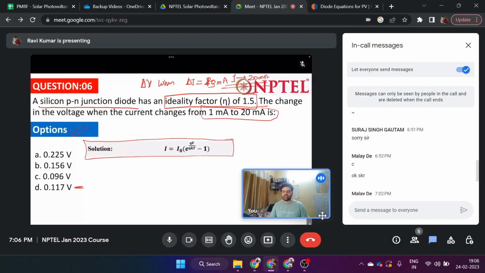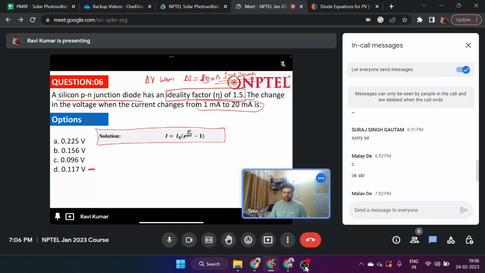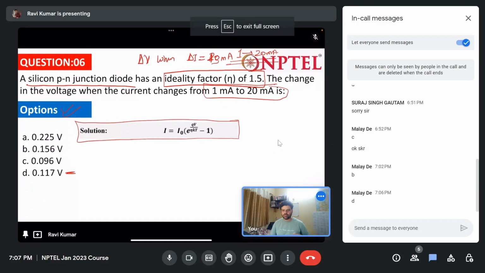What about others? Are they solving, or do I need to give you the solution? Very easy. You can do very simply. See, it is saying 1 milliampere.